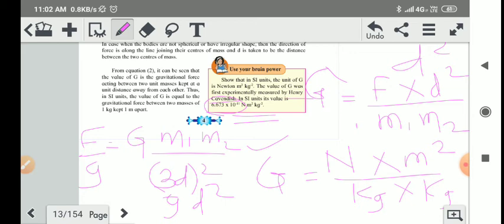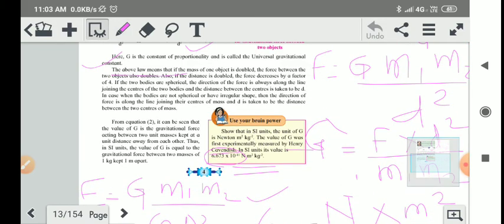If we triple the mass of one object, then force also triples. And opposite to this, if we double the distance, then force decreases by a factor of 4, and if we triple the distance, the force decreases by a factor of 9. So this is an important point here.